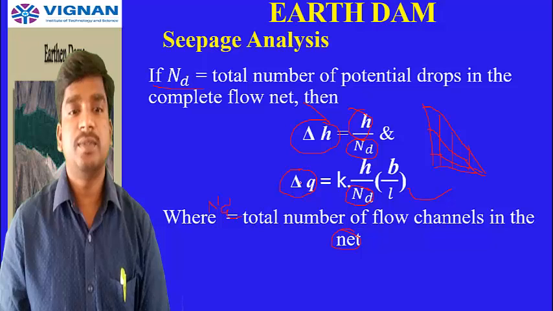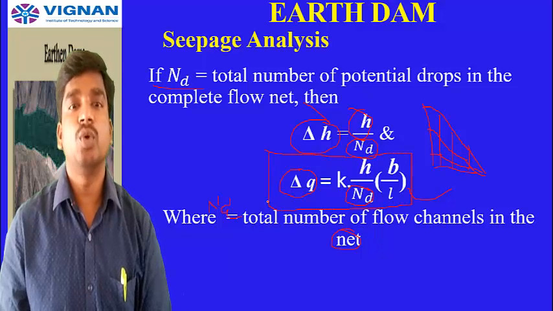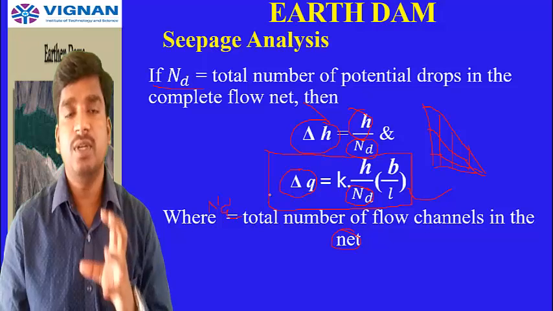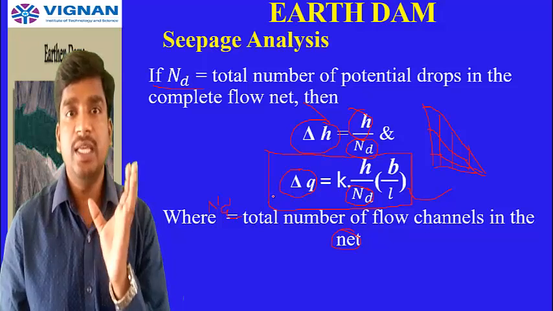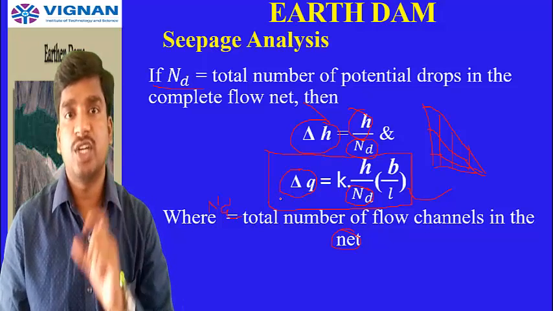So this is the equation: delta Q is equal to K into H by ND into B by L. This is the equation for calculating the discharge in a flow channel, the flow for one channel.